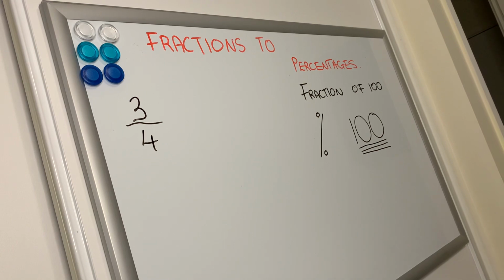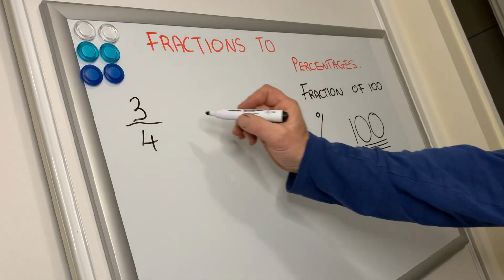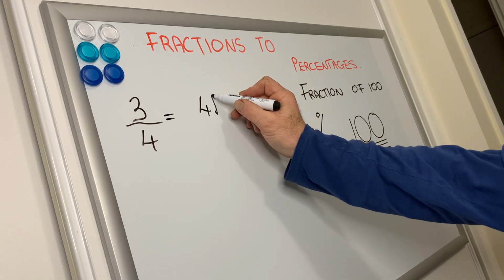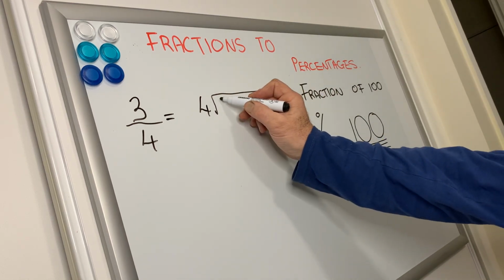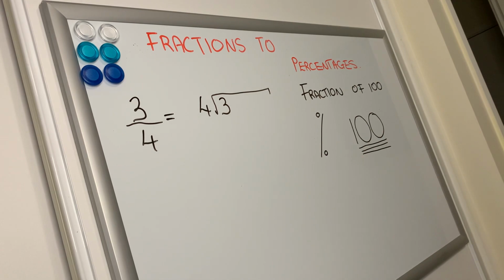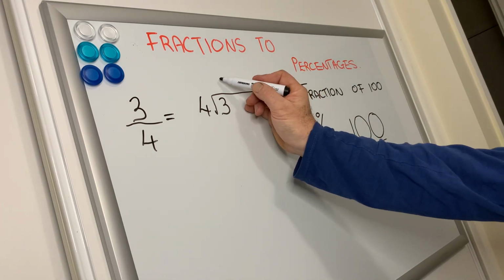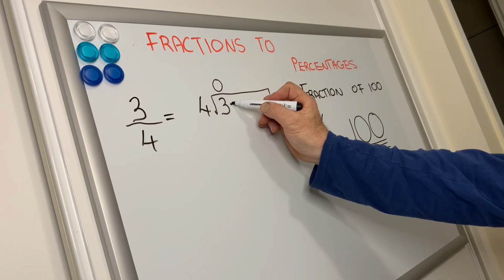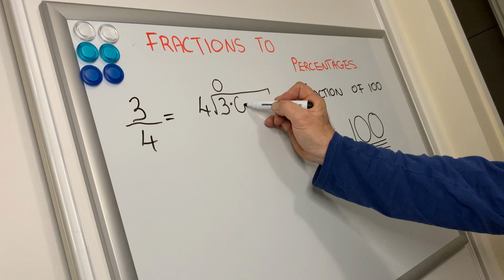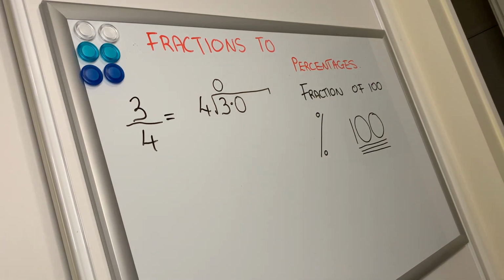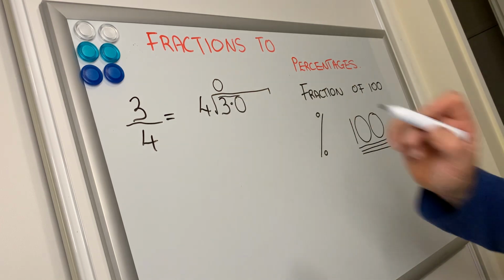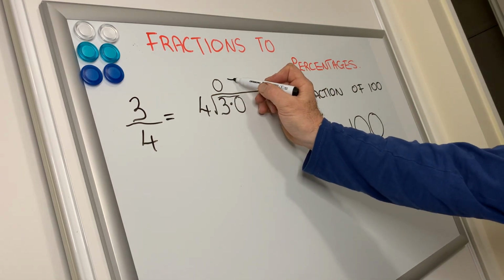As we saw in our previous video on fractions to decimals, we used long division, and we said 4 into 3. How many 4s go into 3? That's 0. And as we said, we can turn this 3 into 3.0, which is the same as 3. So we now treat this as 30. So 4 into 30 goes 7 times.